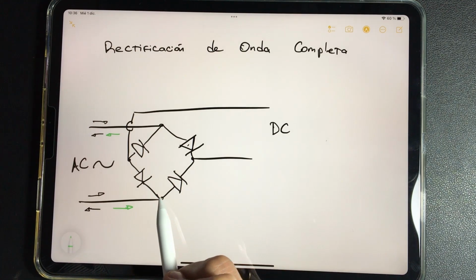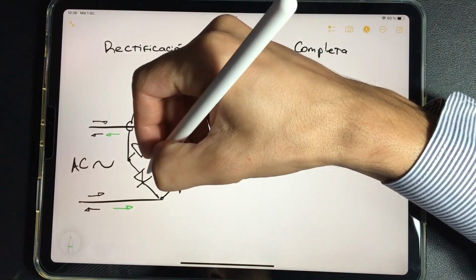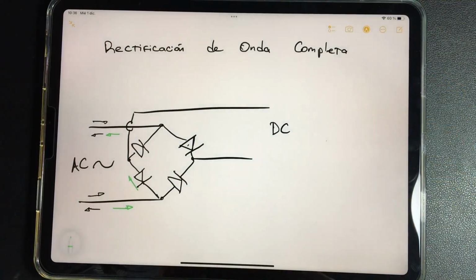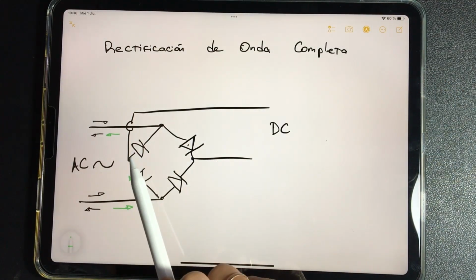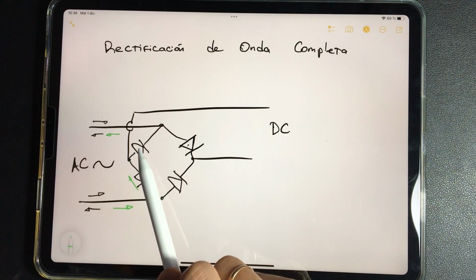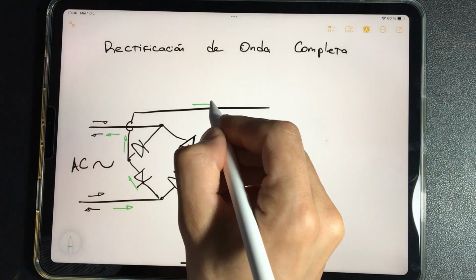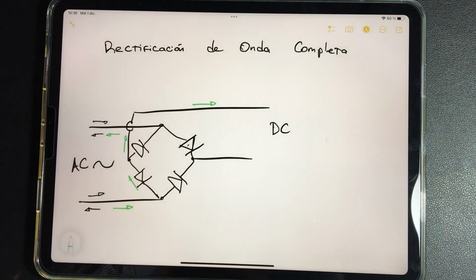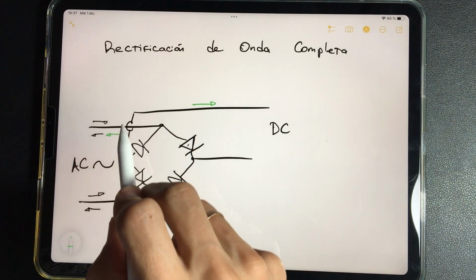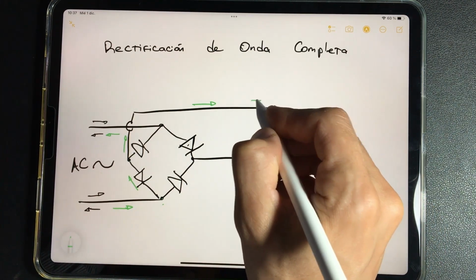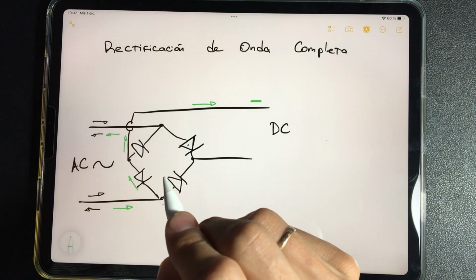Then the electrons will be able to pass through this side. Arriving at this point, the electrons will no longer be able to pass through this diode because it is in reverse again, and they will come out on this side. At the moment that the electrons enter here, they will circulate towards here and they will go here, making this side negative.